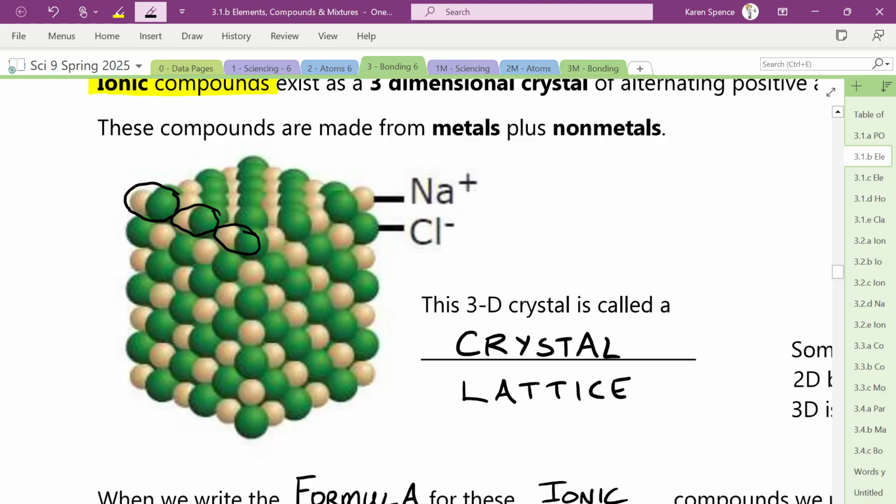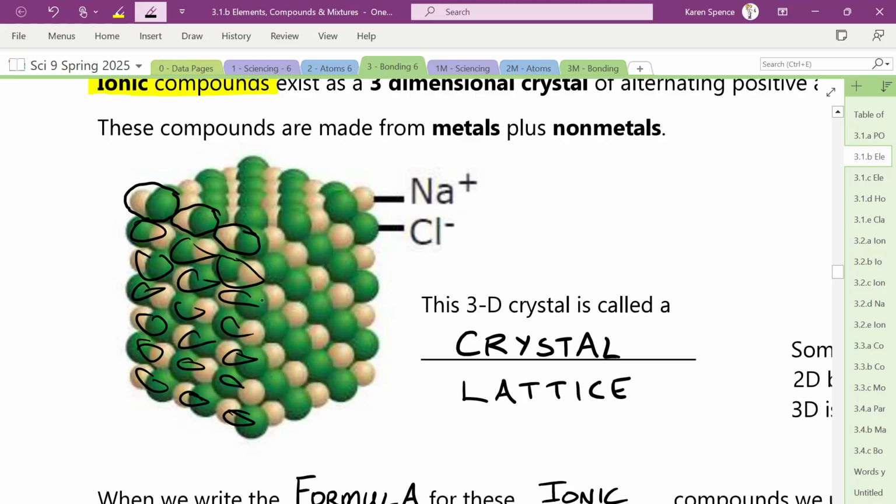So, is that right? 1, 2, 3, 4, 5, 6, 7, 8, 9, 10, 11, 12, 13, 14, 15, 16, 17, 18, 19, 20, 21. So there's 21 on that side.